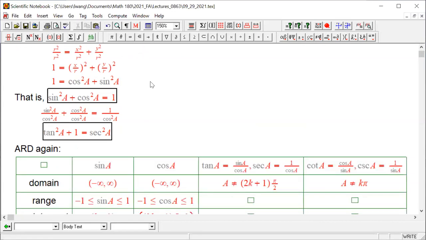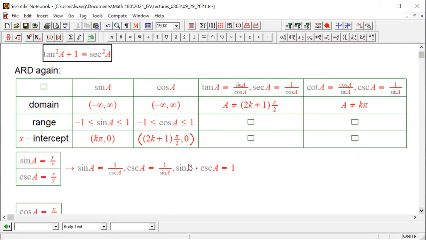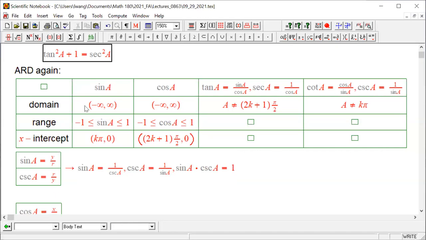So when we are doing this, we need to be aware of the domain. The underlying assumption is that the domain requirements for sine and cosecant are both satisfied.